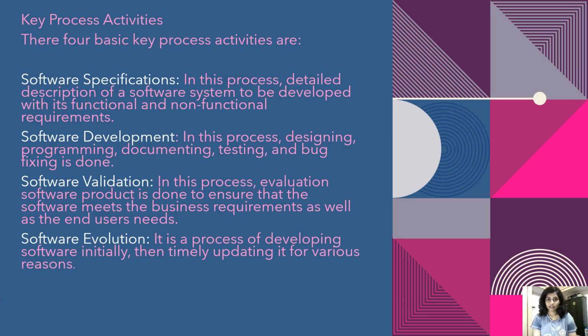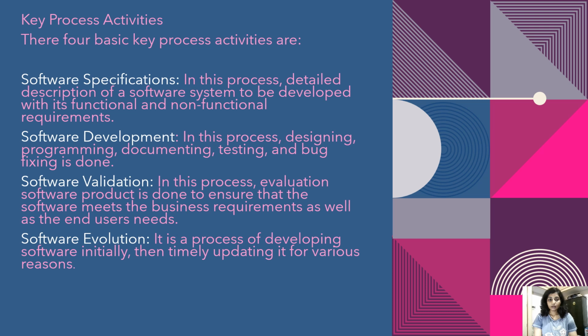Key process activities. There are four basic key process activities in a software process: software specification, software development, software validation, and software evolution. In software specification, a detailed description of the software system to be developed with its functional and non-functional requirements has to be given.